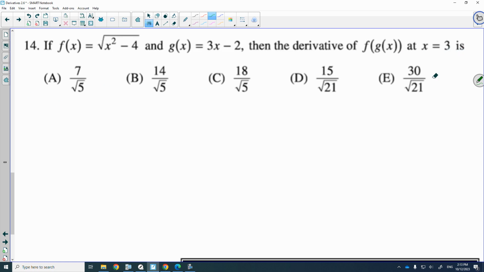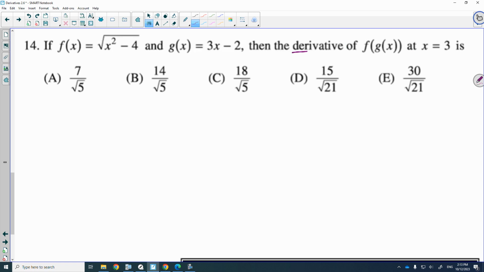And don't write any of these answers down. So just write this f of x function, write down the g of x function, and then write down the derivative of f of g of x at x is equal to 3.